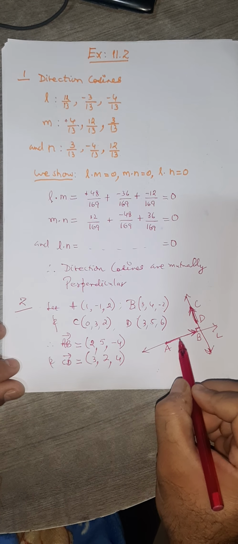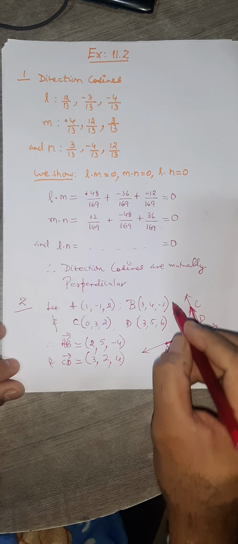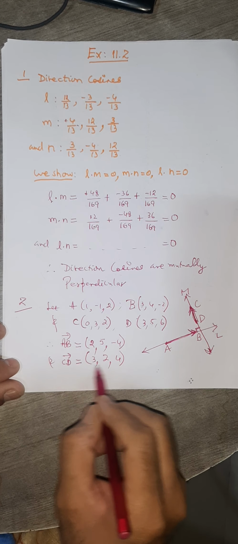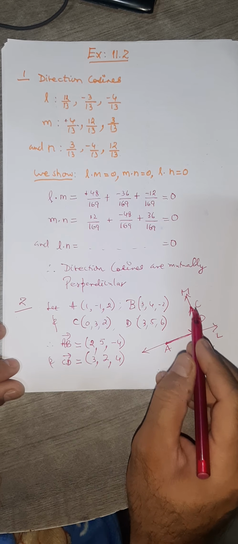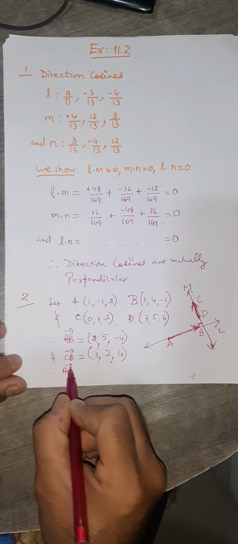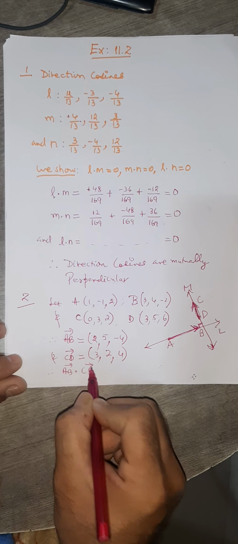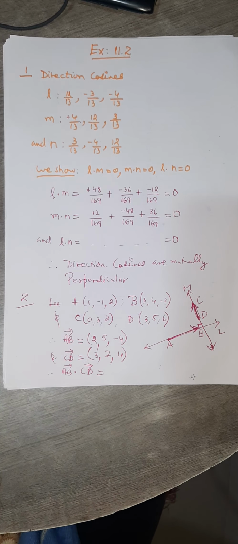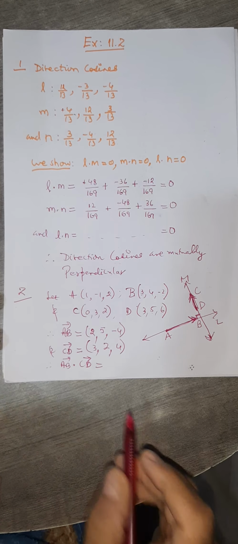So this is the direction of the line L. Let me call this another line M. So CD is the direction of the line M. So therefore, let me find the dot product AB dot CD here.